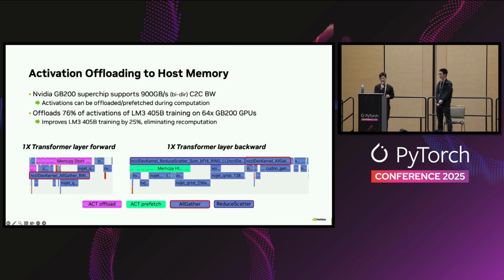As you can see, since the bandwidth is much faster, all this offloading and prefetching can be hidden under computation, and there's no impact on the computation under overlap. So in Llama 345 billion training, we were able to offload 76% of the activation to CPU and bring it back to GPU, and then we were able to remove all the unnecessary recomputation, giving about 25% extra speedup.